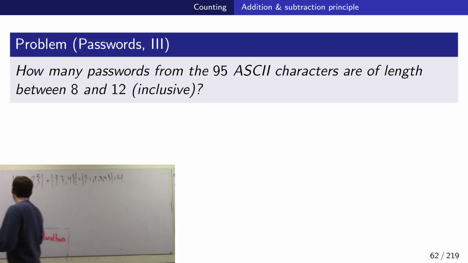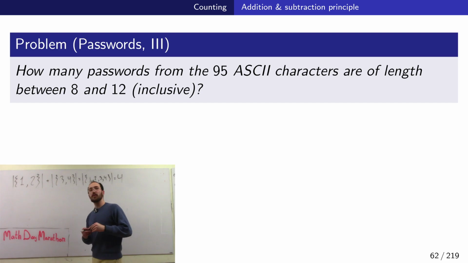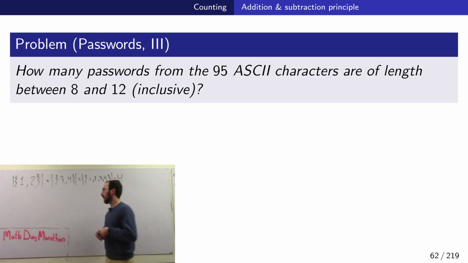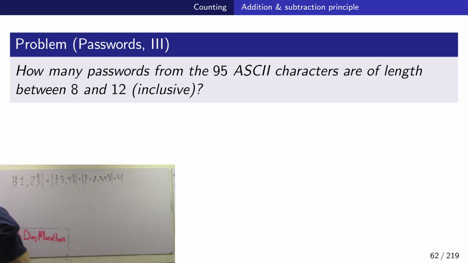Now, up until now, we have just been asking about strings of a fixed length. We ask, well, how many are there of length 8? How many are there of length 9?